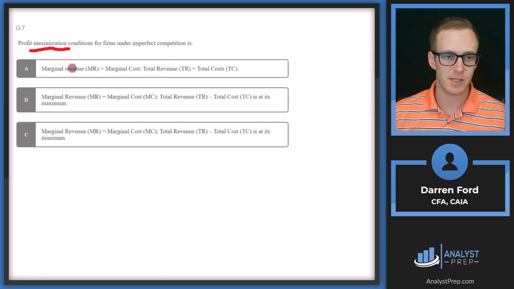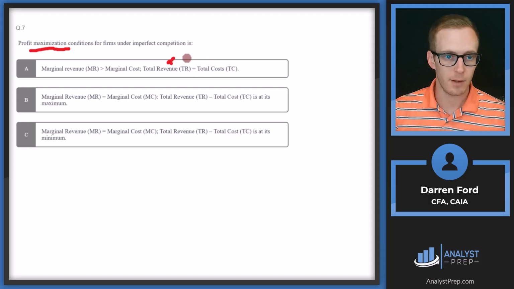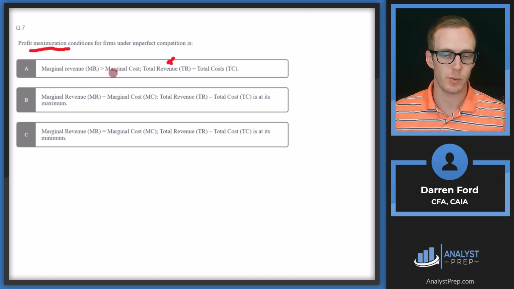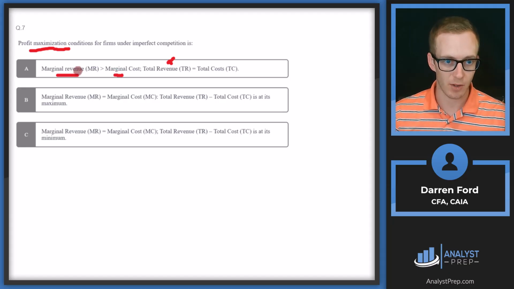And this also wouldn't make sense if our marginal revenue was greater than marginal cost and then our total revenue is less than or equal to total cost. We're not making any profit under this scenario. But under this portion, this would be telling us that we should keep producing, because if I produce another unit, it might only cost me $1, but then I can sell it for $2. That's what this is saying here. So we'll rule out A.